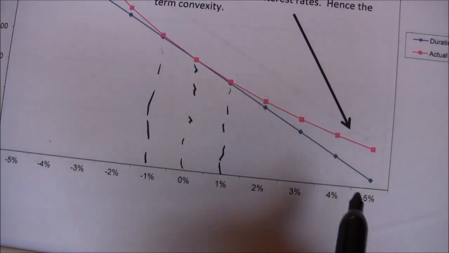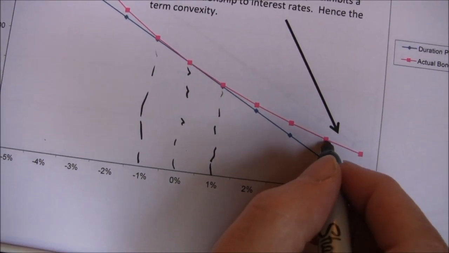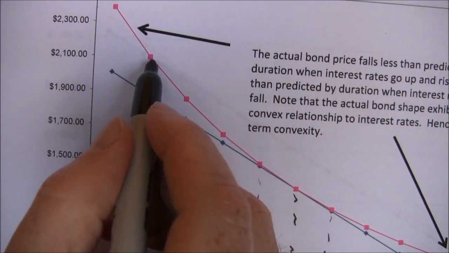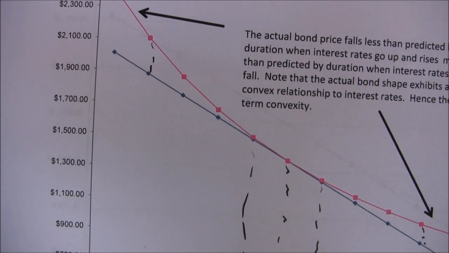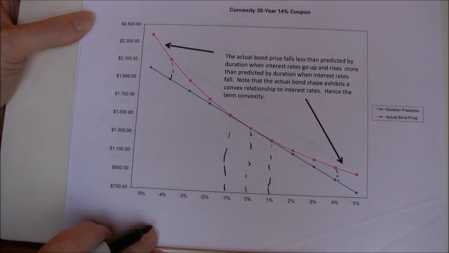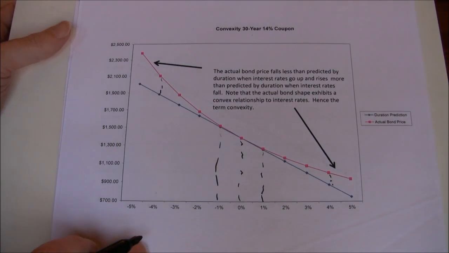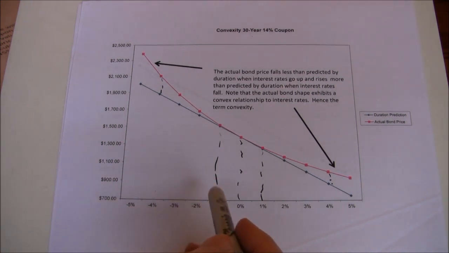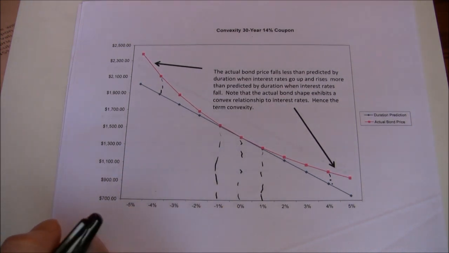However, what happens when we get to big swings, when interest rates rise by 4% or interest rates fall by 4%? We start to see that the duration misses by a lot more. So one of the issues with convexity is that duration works better as a predictor of bond price changes for small interest rate changes than it does for large interest rate changes.